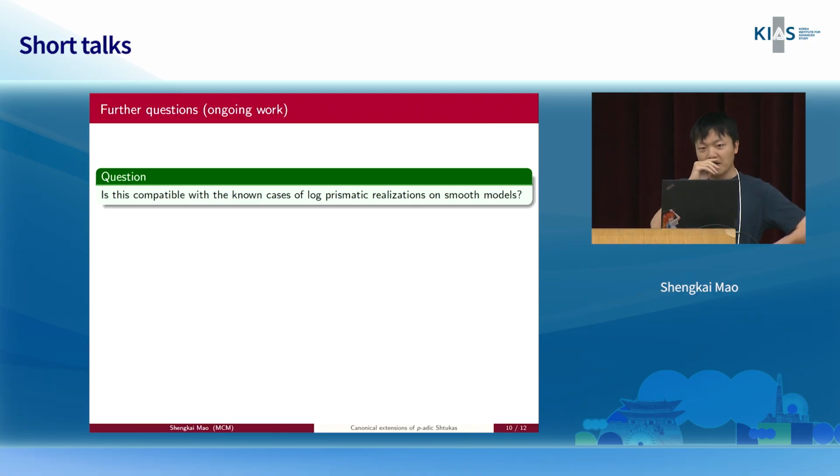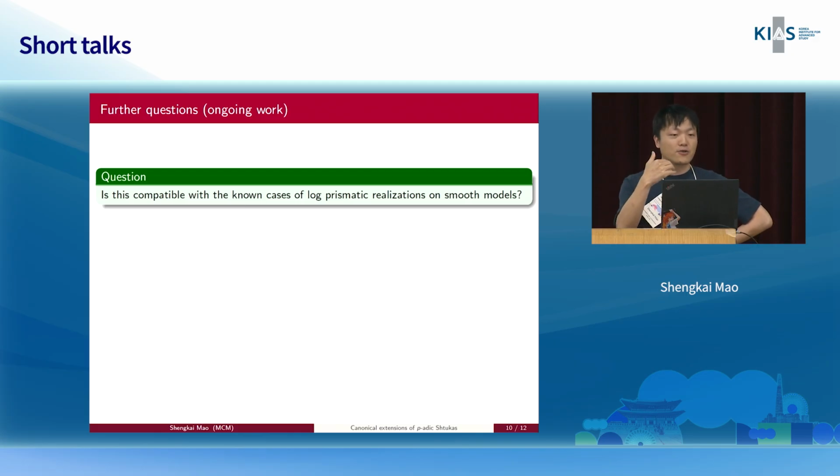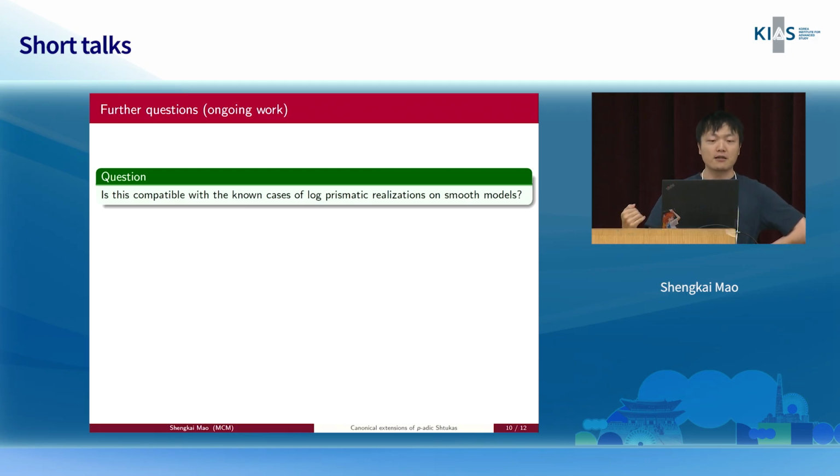So this language has many useful results. Because of the time limit, I will only introduce two, which might be more relevant here. So first is a very natural question. In Kato-Yuka's paper, they construct the syntomic realization, which is followed by a Shtuka realization.